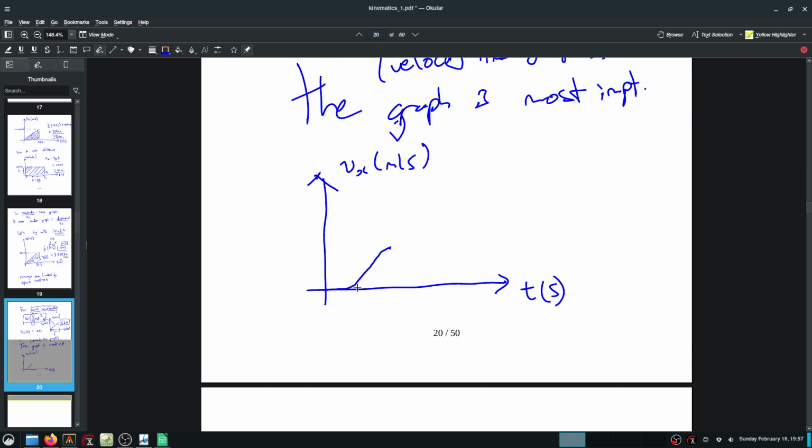So you start at 0, you take some time for your engine to start, right? And then you start increasing your velocity, and after a while it goes into some kind of constant speed thing here. So this acceleration is not constant most of the time.